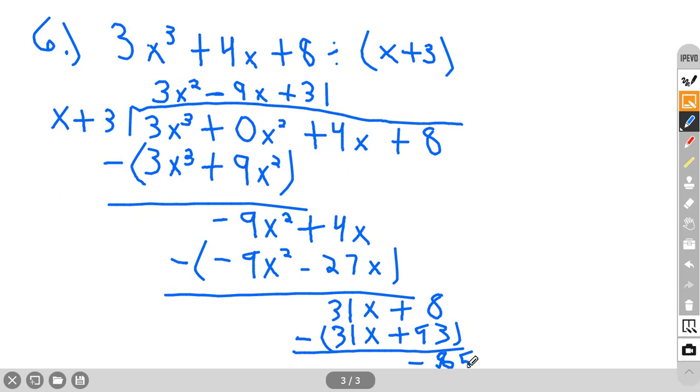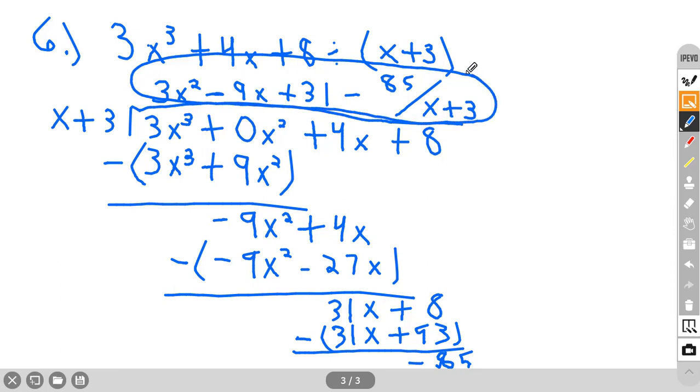That's my remainder. So now I have minus 85 all over x plus 3. And that will be your answer. So we got 3x squared minus 9x plus 31 minus 85 all over x plus 3. So that matches answer C.